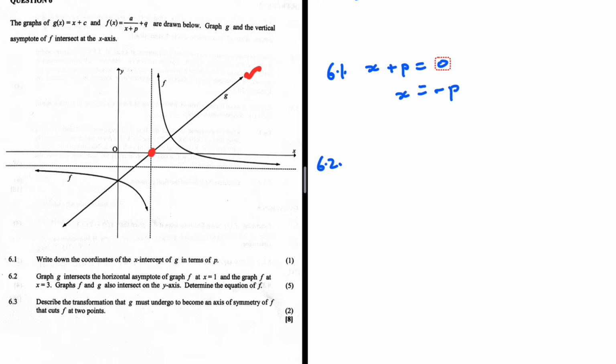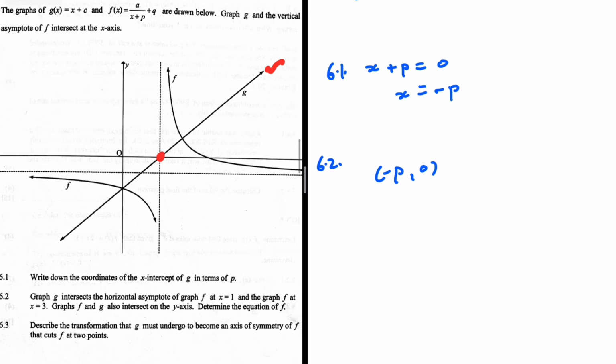So let us start. First things first, let's use what we got in 6.1. We know that the coordinate where I've placed the dot is minus p and 0, because it's the x-intercept where y equals 0. So let's substitute it into g of x.